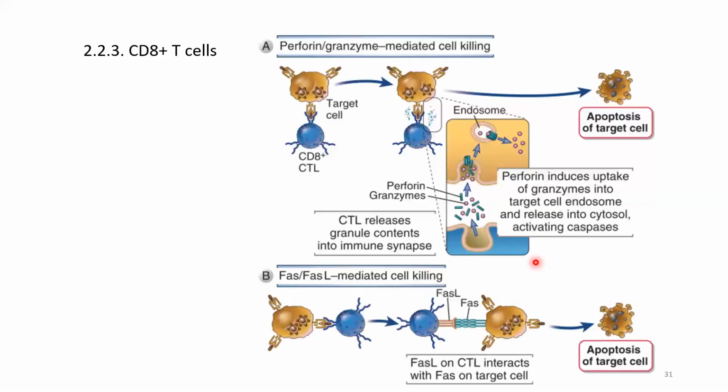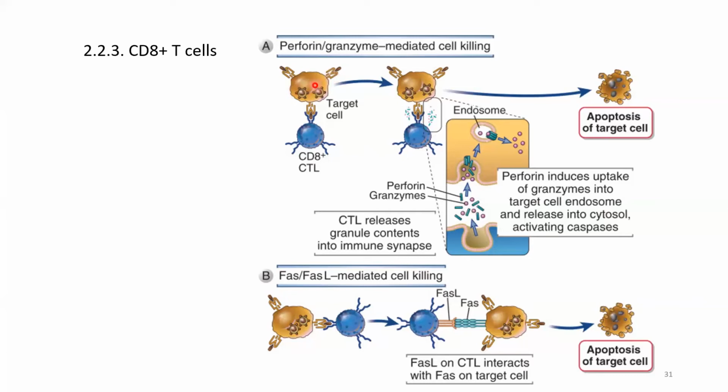Another important factor to control intracellular bacteria is the cytotoxic T cell, or CD8 positive T cell. These cells are supposed to kill the infected cells. After infection, the cells degrade antigen and present antigen through MHC class 1.